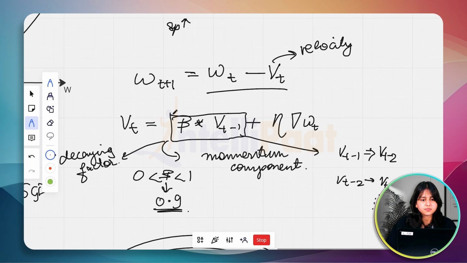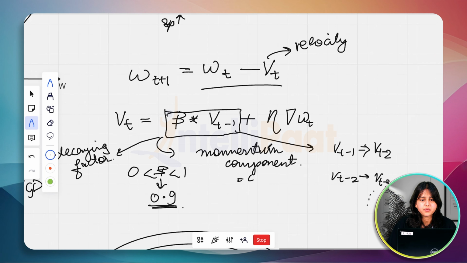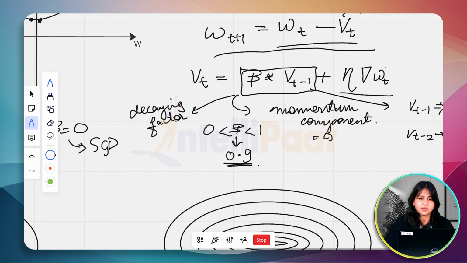How is it so? If beta is 0, this momentum component becomes 0. So all we're going to be left with is the learning rate multiplied by the gradient of loss with respect to the weight, right? So this would simply turn out to be normal stochastic gradient descent.